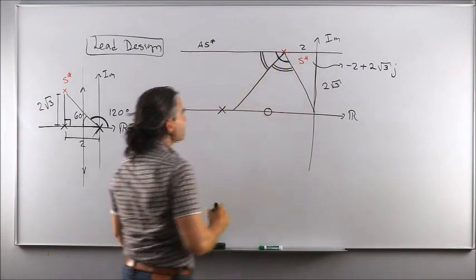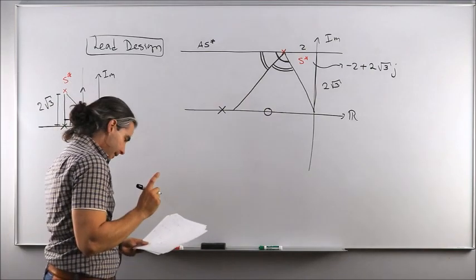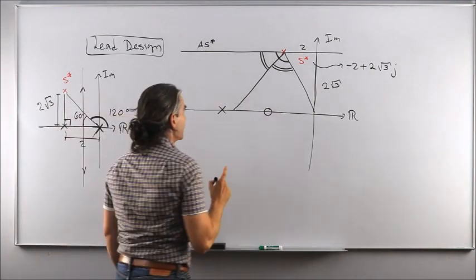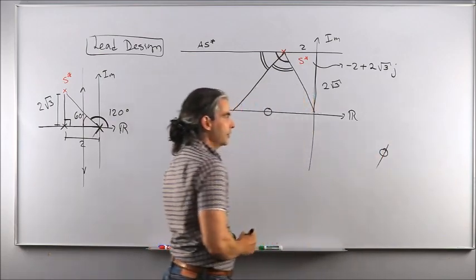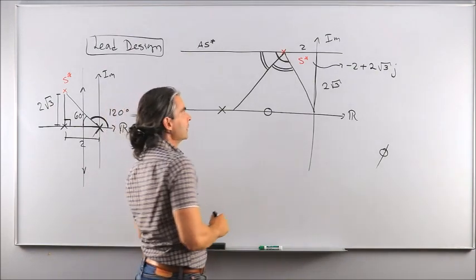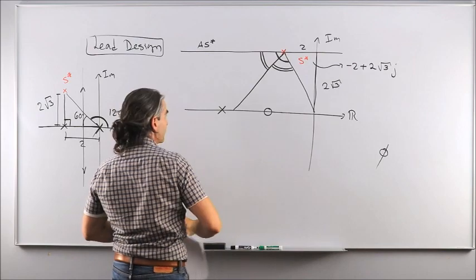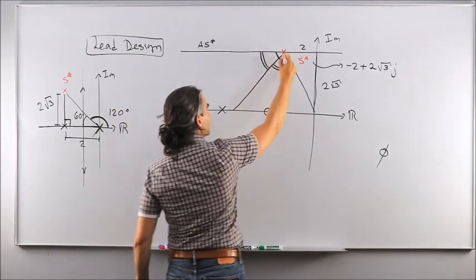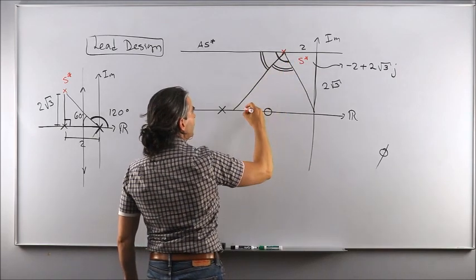Okay? Then I'm going to take my phase contribution. That was our phi angle of 30 degrees. I'm going to cut that in half, 15 degrees. And I'm going to trace lines on both sides of this line that cuts this total angle in half.